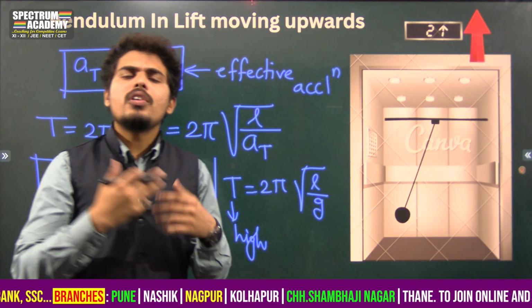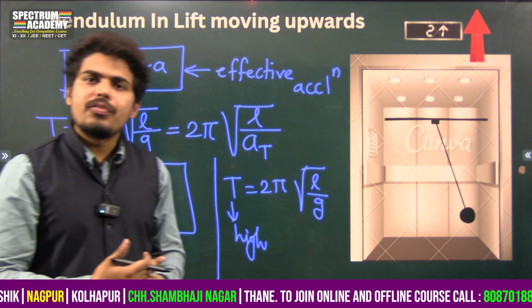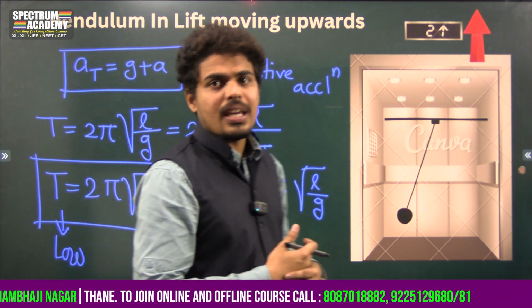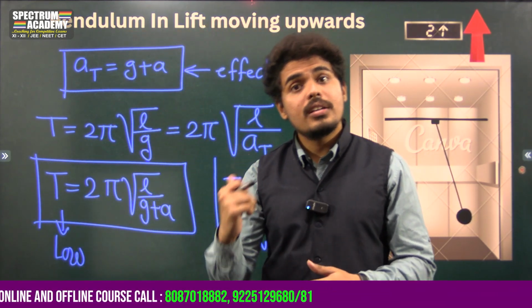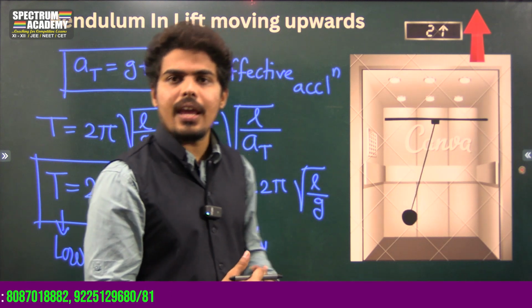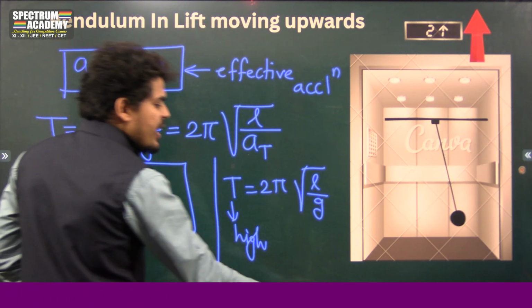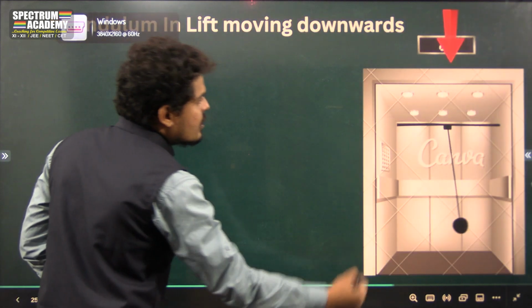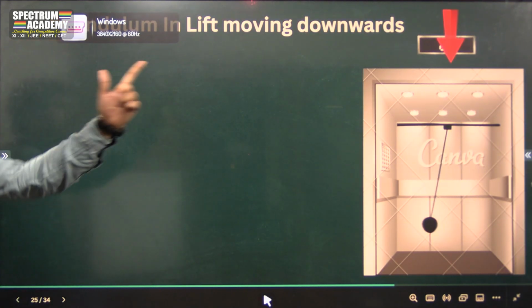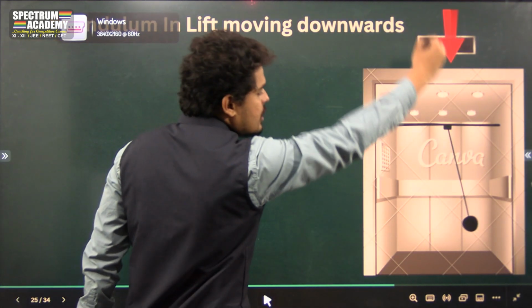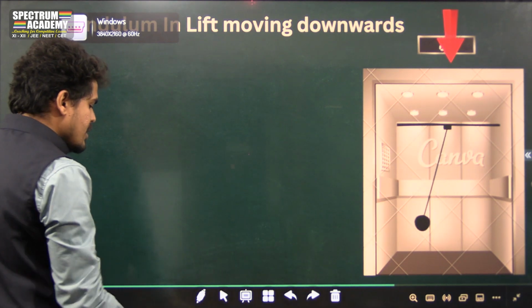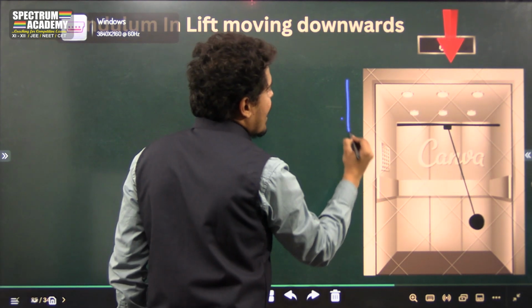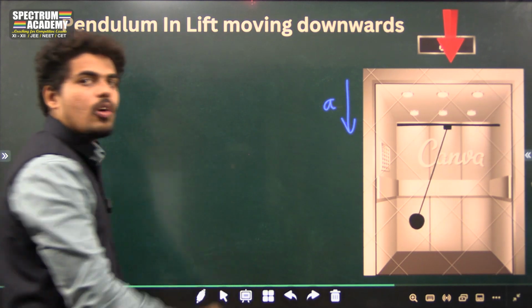Now what will be the things if the pendulum is in the lift and the lift is moving downwards with acceleration a? So moving ahead for the next case, so if our lift is moving downwards, so अब ये lift down down down जा रही है with some acceleration. Suppose its acceleration is a, moving downwards.